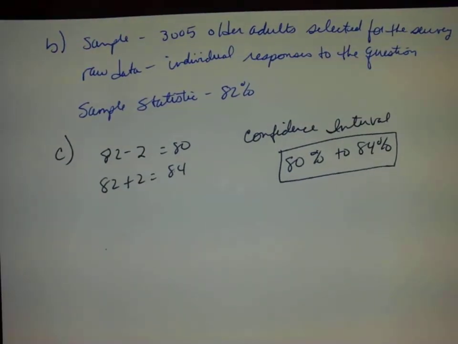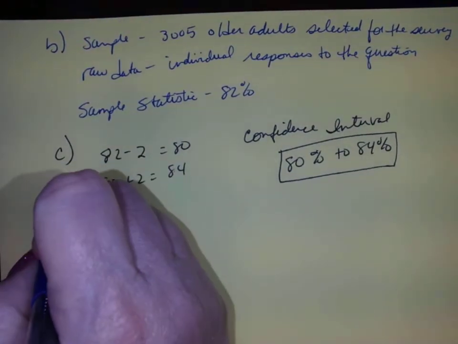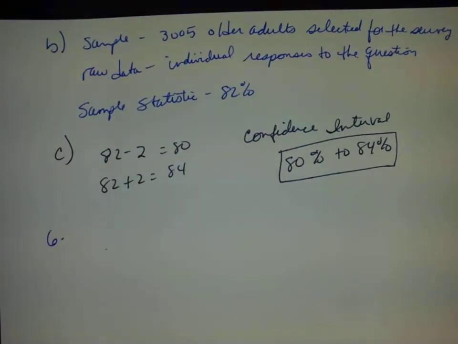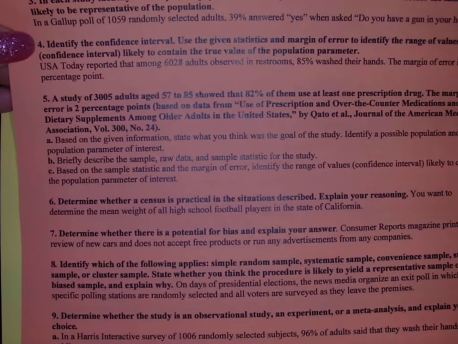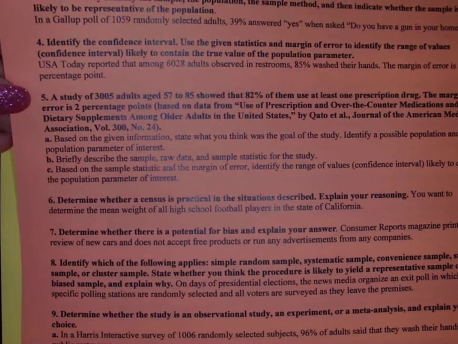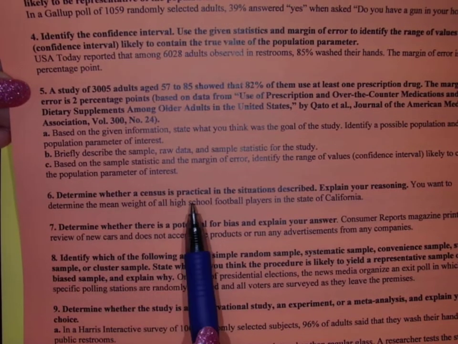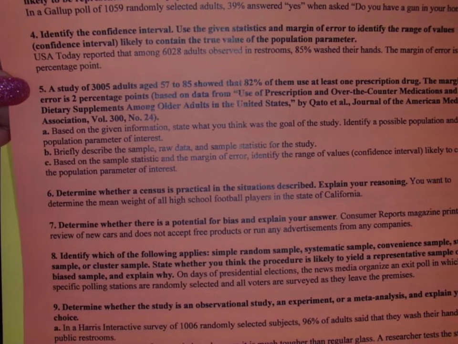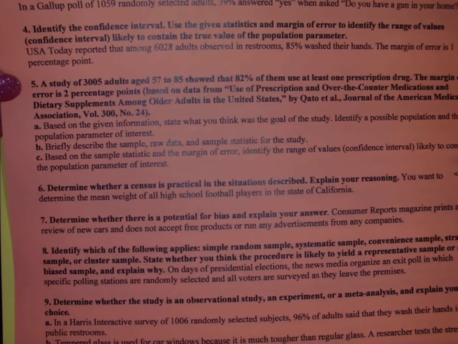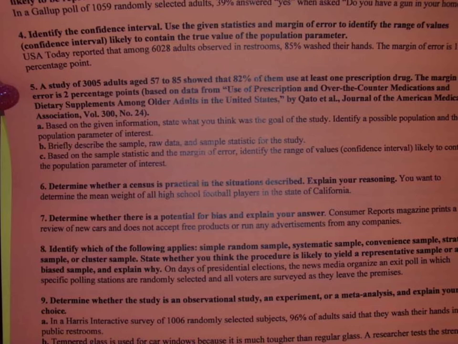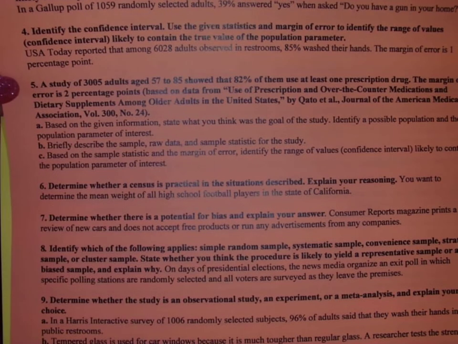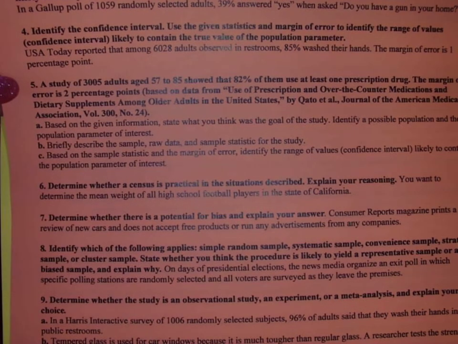All right, number 6. So for number 6, we want to determine whether a census is practical in the situations described, and explain your reasoning. You want to determine the mean weight of all high school football players in the state of California. Well, a census isn't going to be practical for this.